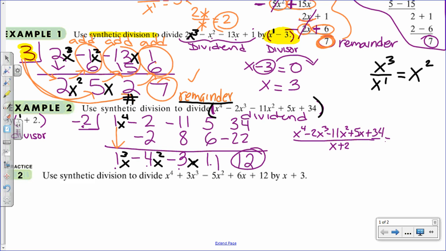It will be equal to the quotient, which is x cubed minus 4x squared minus 3x plus 11. And then we still need to add the remainder, which is 12, but not only 12, 12 divided by x plus 2. This one goes here, okay? I just ran out of space.